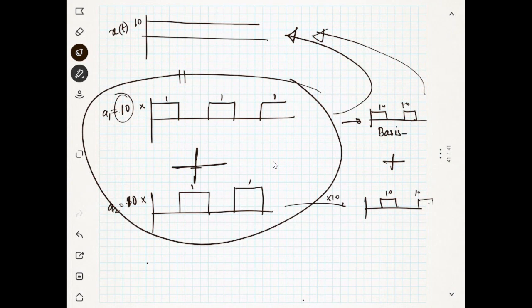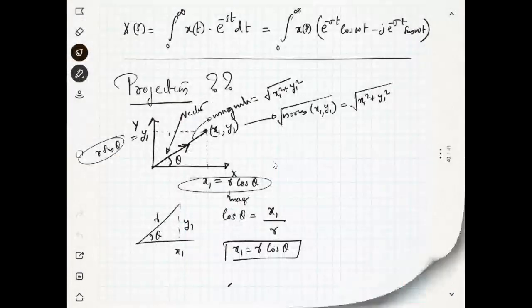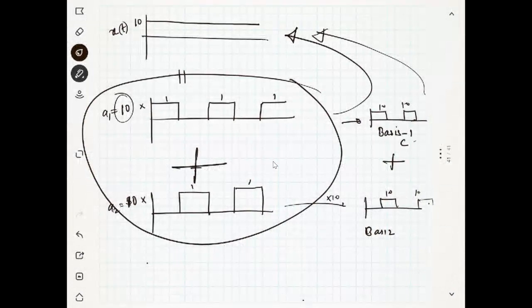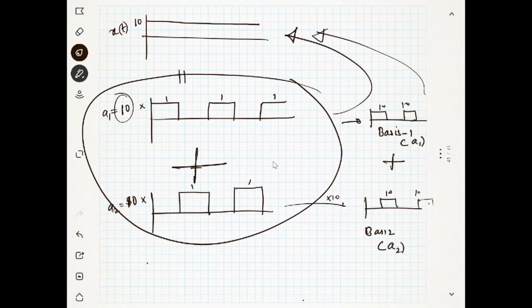So this is basis number 1, and this is basis number 2. What is the coefficient of basis number 1? It is A1. And the coefficient of basis number 2 is A2. In this problem, A1 is equal to 10 and A2 is equal to 10. Got it?